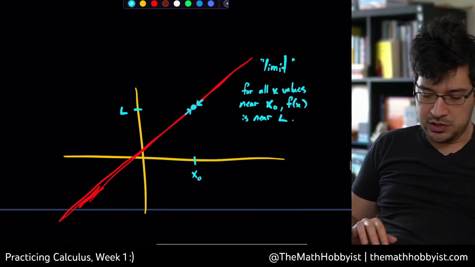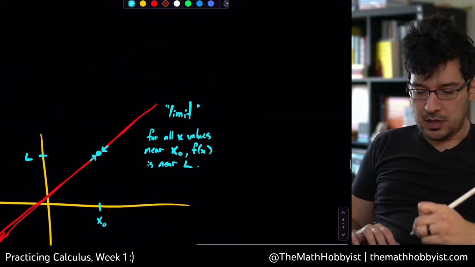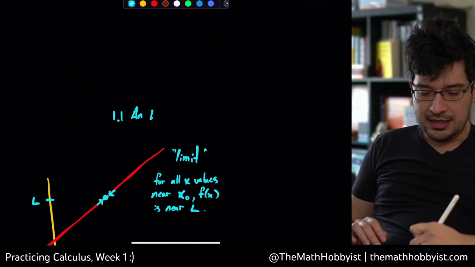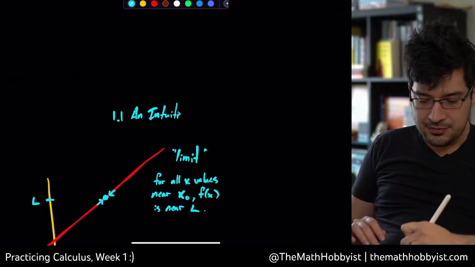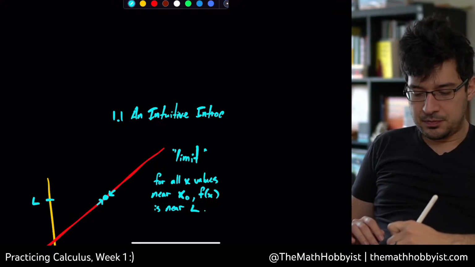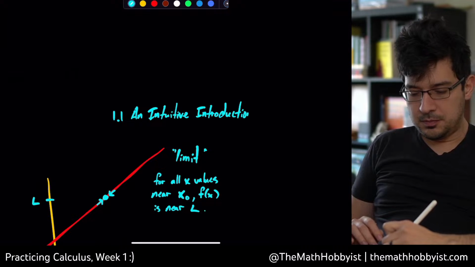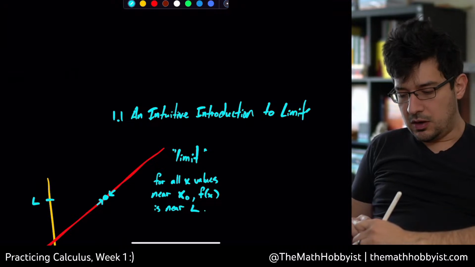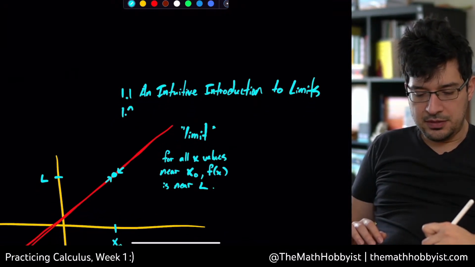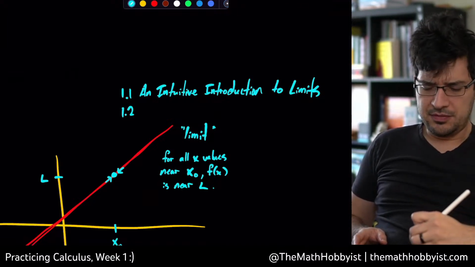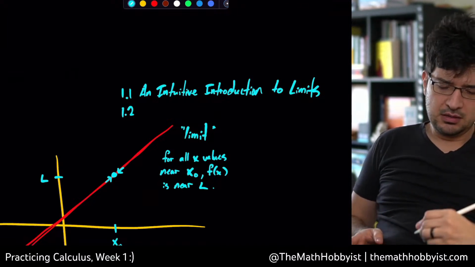And when I say squishy, I mean that Taalman 1.1 says an intuitive introduction to limits. Okay? So we can contrast that with the next section, which is a formal definition of limits, I think.